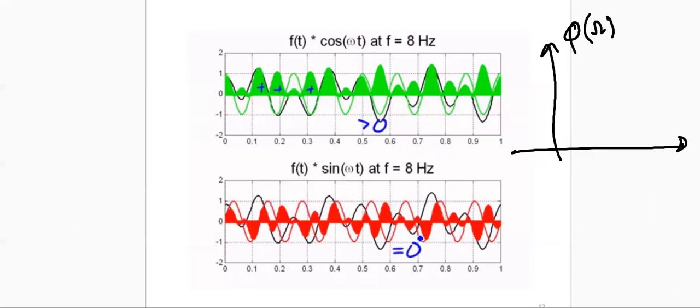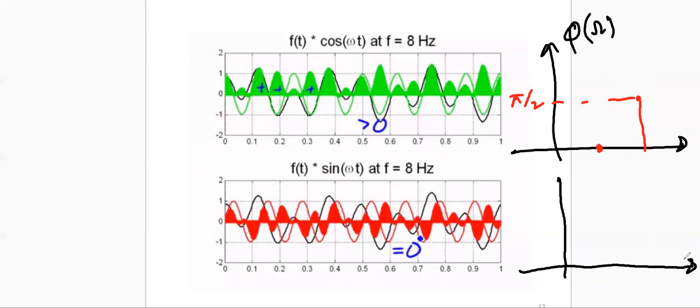Let's say at some point we put 0 phase, and let's say the phase is π/2, which is 90 degrees. So let's say we have two stems. If I draw the magnitude response side by side, this is the F(ω) magnitude response, and we have shown that we have two stems.